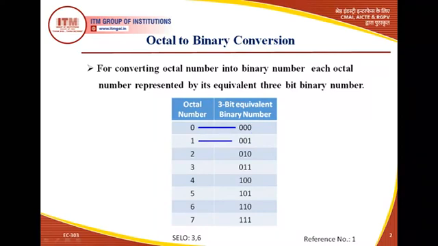Next, 1 is represented by 001, 2 by 010, 3 by 011, 4 by 100, 5 by 101, 6 by 110 and 7 by 111. So that is the representation of each octal digit as its equivalent 3-bit binary number.